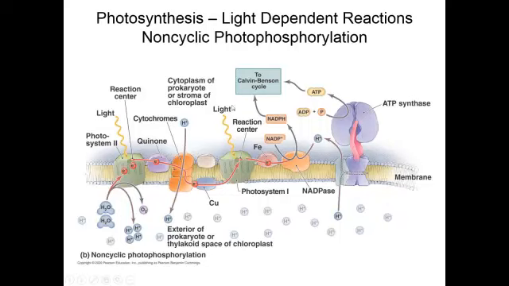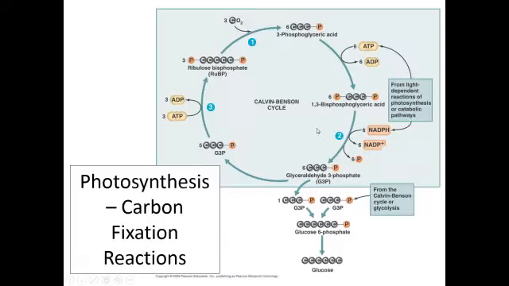Now the question is, where does this NADPH and this ATP go to? The Calvin-Benson cycle. So here is the Calvin-Benson cycle. It's a cycle just like the Krebs cycle, but instead of breaking down molecules, it's making bigger molecules from smaller ones, namely CO2.